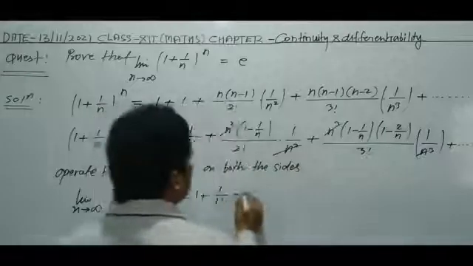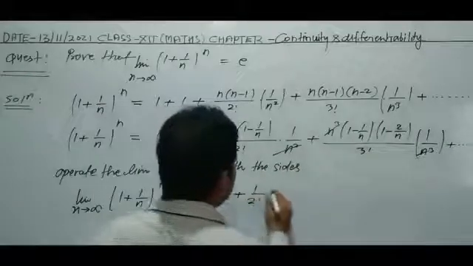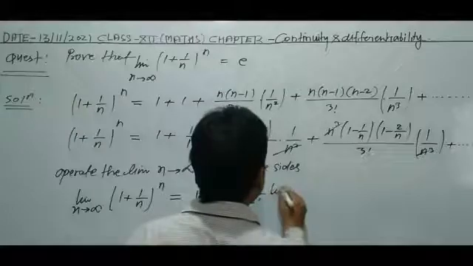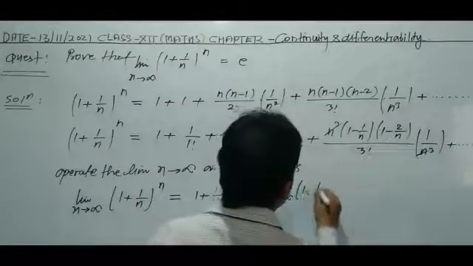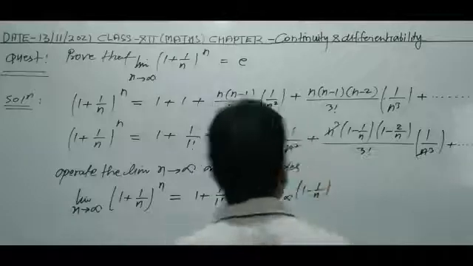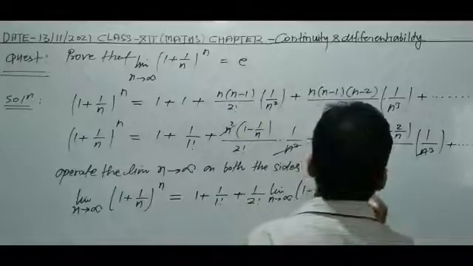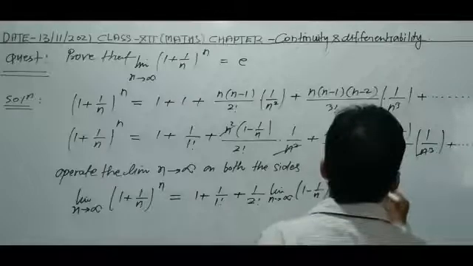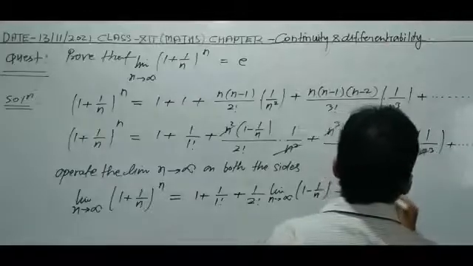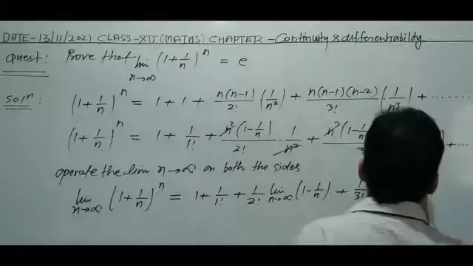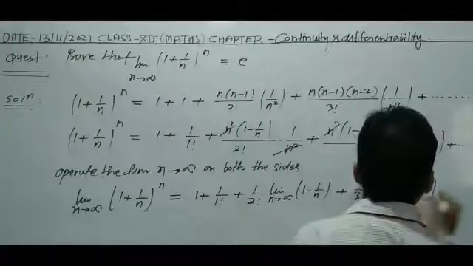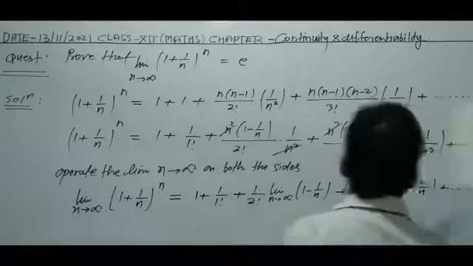So the result will be plus 1 upon factorial 2 with limit n tends to infinity (1 minus 1 by n), plus 1 upon factorial 3 limit n tends to infinity (1 minus 2 by n), plus up to infinity.